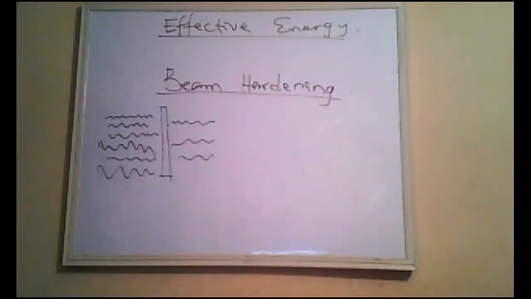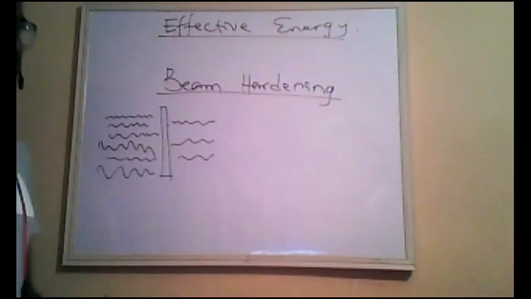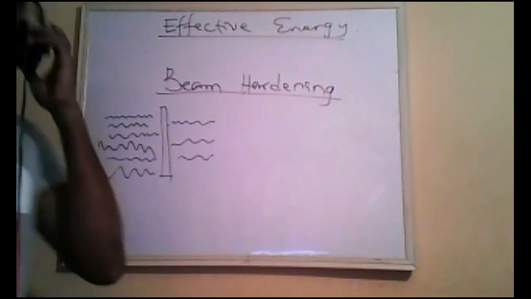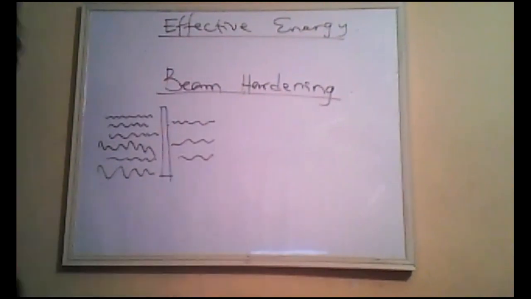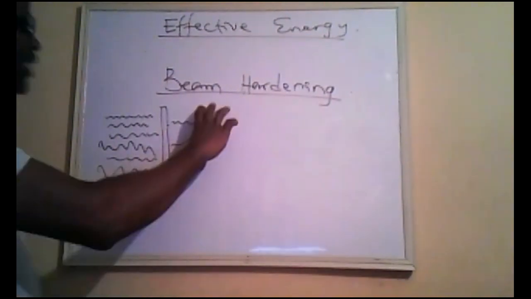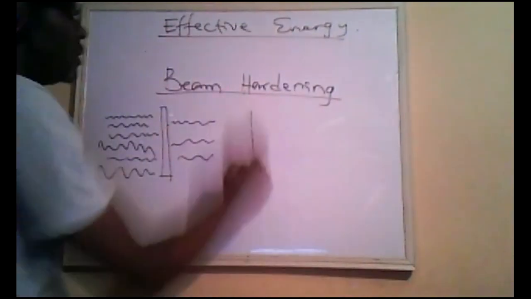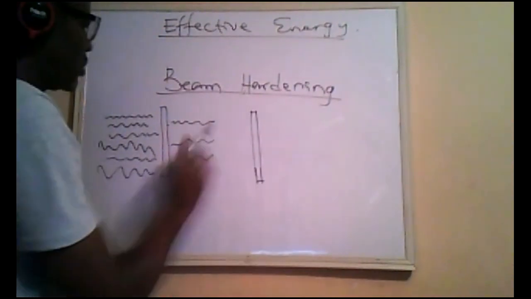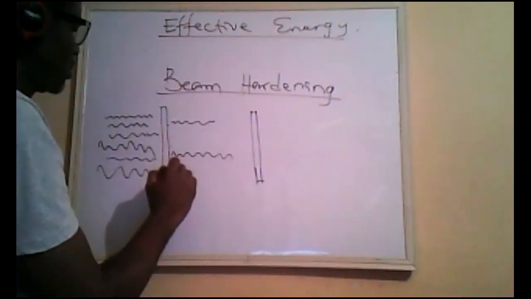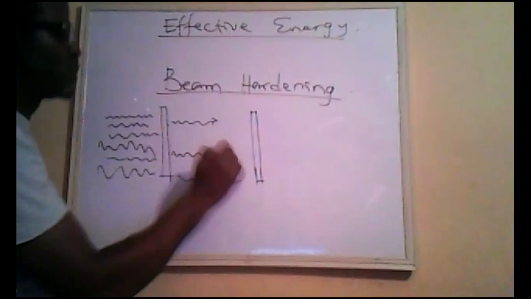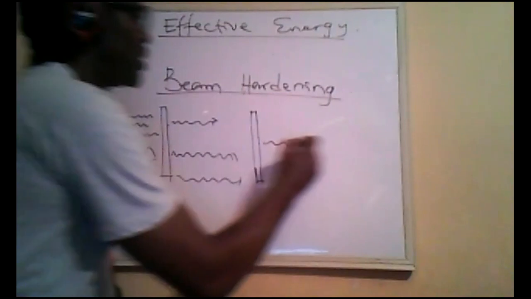So that is why, in relating this to HVL, the second HVL of any material is usually bigger than the first HVL, because the effective energy of this one is bigger than the effective energy of this one. If you introduce another one, this will further absorb the less energetic ones.